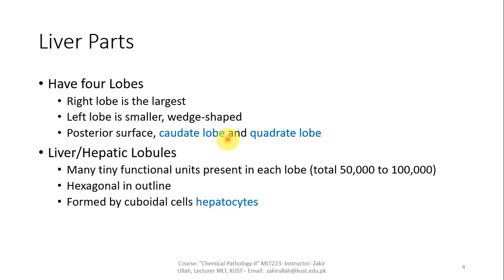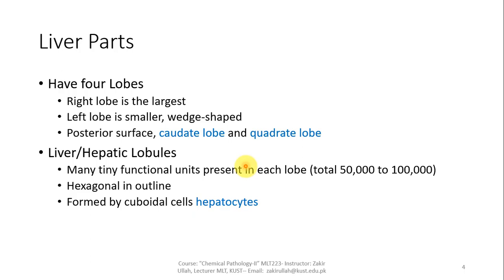Within these lobes there are different hepatic or liver lobules. The liver lobule is a functional unit present in the liver, and in total roughly 50,000 to 100,000 hepatic lobules are present in the liver.